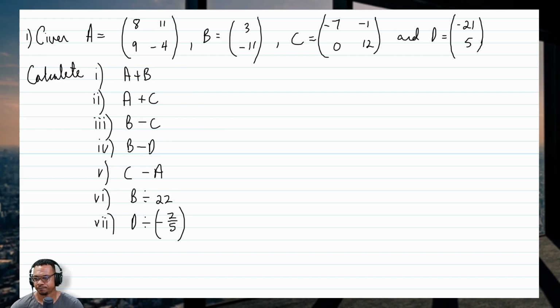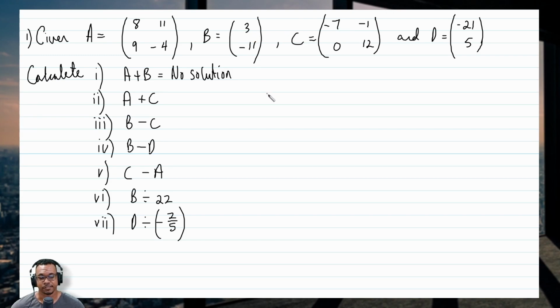So for the first one, let's put no solution. Let's see which other one is no solution. B and C. So B take away C. Again, this is 2 rows, 1 column, a 2x1, and this is a 2x2, 2 rows, 2 columns.